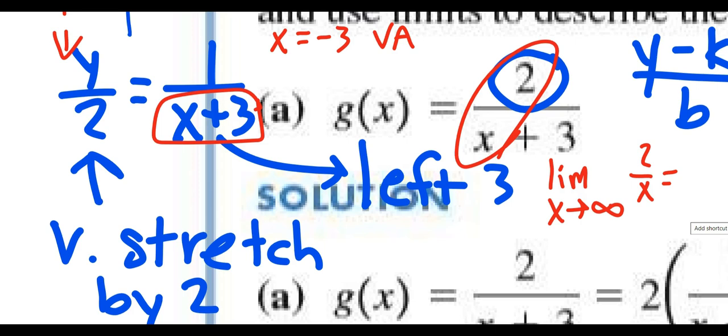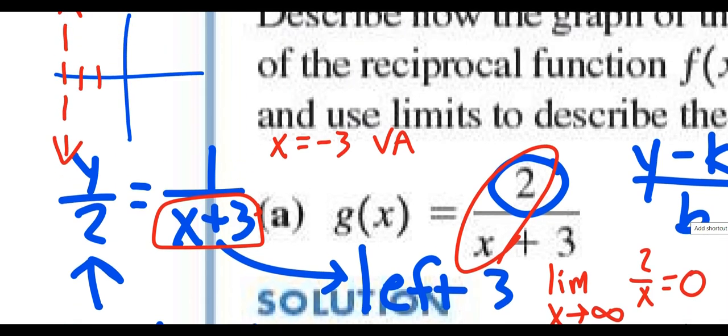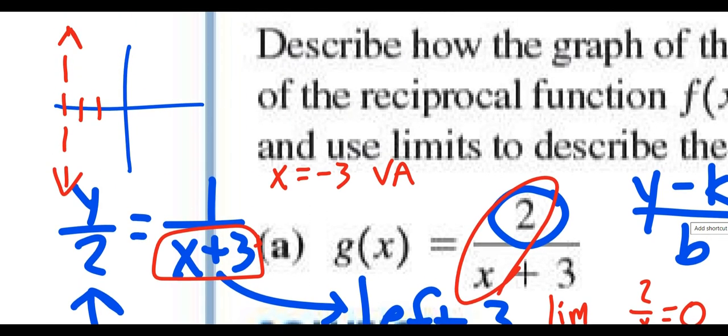A very, very small number. Yeah, what's it getting close to? 0. So there's your horizontal. Y equals 0 is your horizontal asymptote. Makes sense, folks, because there was no vertical shift.